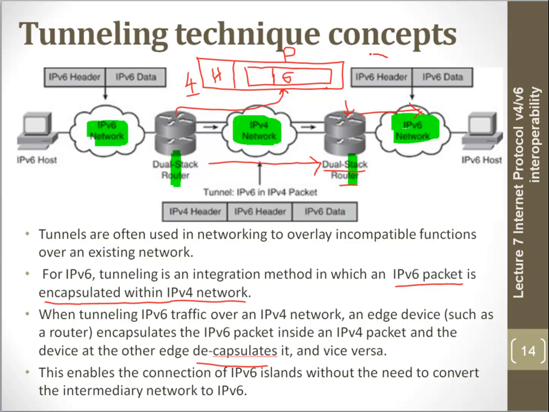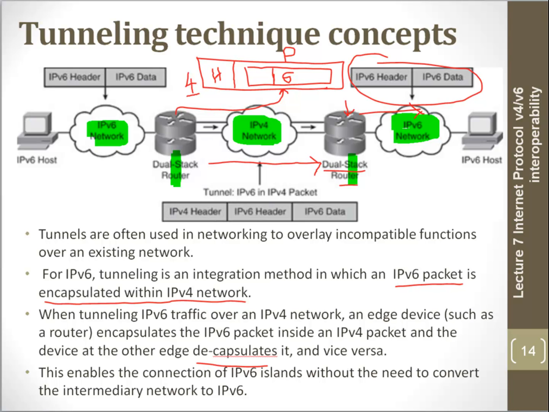So this is the concept: encapsulation and decapsulation. Encapsulation means an IPv6 packet is inserted in an IPv4 packet, or an IPv4 packet is inserted in an IPv6 packet, depending upon the situation. This is called the tunneling concept, and tunneling is the safest method.